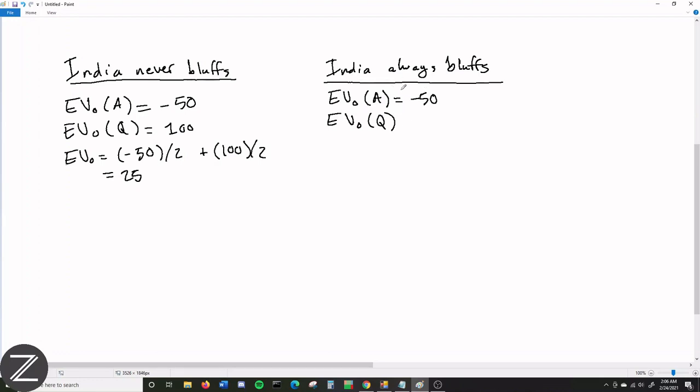India's always going to be bluffing. So half the time, Oscar will call and win 200, the bet plus the pot size. And then half the time, the king will fold and win 0. So the average expectation is just going to be 100.